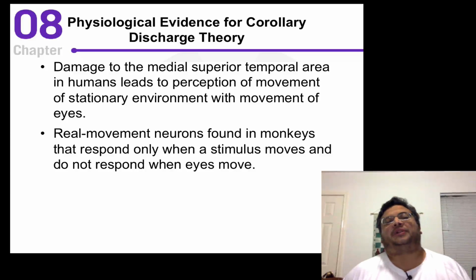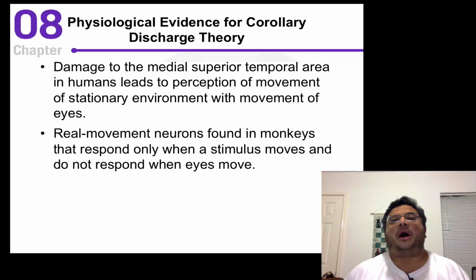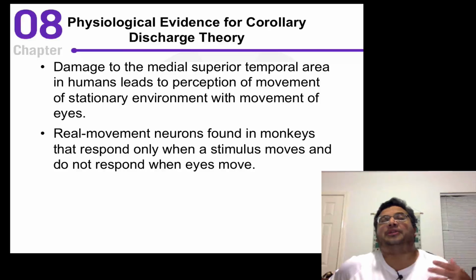There's some physiological evidence for this corollary discharge theory. For example, if you get damage to the MST, the medial superior temporal area of the parietal lobe, you do get disruptions in the ability to perceive movement. Basically, whenever somebody with this type of brain damage is looking at something that isn't moving, it'll look like it is moving when they move their eyes. There are also neurons that have been located in monkey brains that only respond when a stimulus moves.